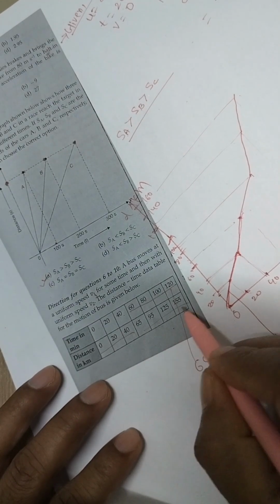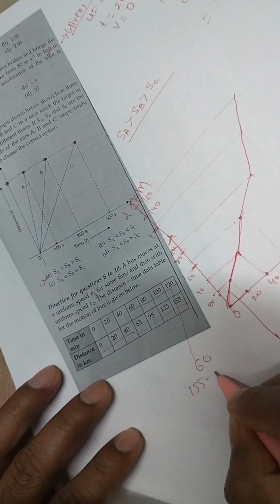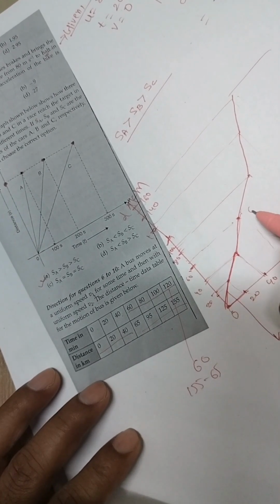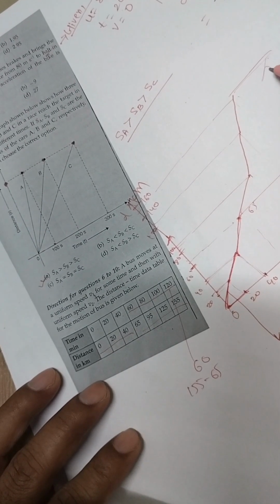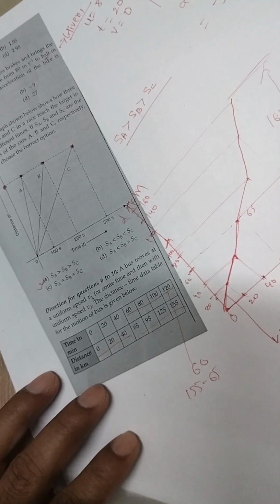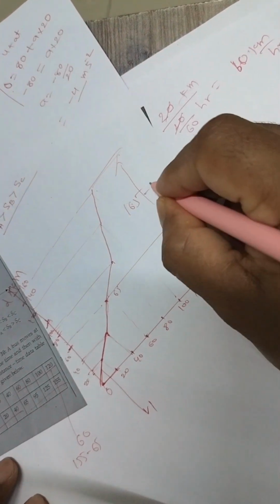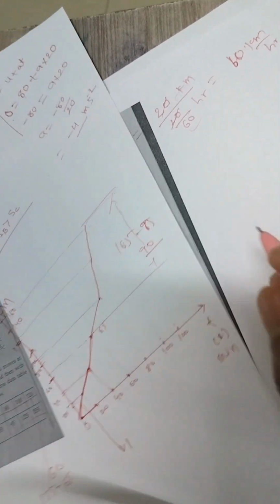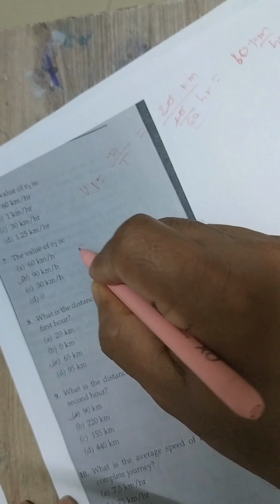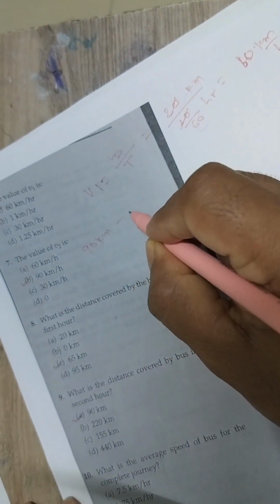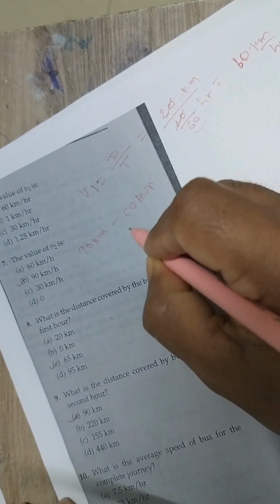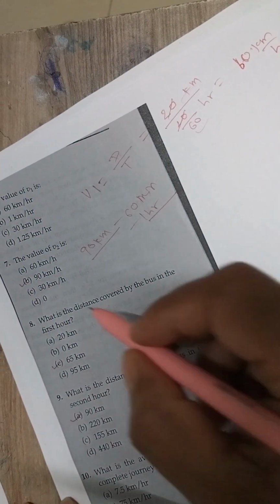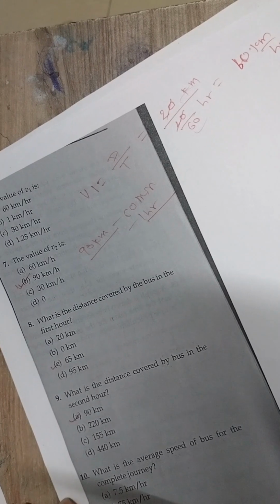Distance traveled is 155 minus 65, which is equal to 90. So 90 kilometer traveled in 60 minutes, meaning 1 hour. In 1 hour, how much the bus is moving, that is known as the speed. So 90 kilometer per hour.